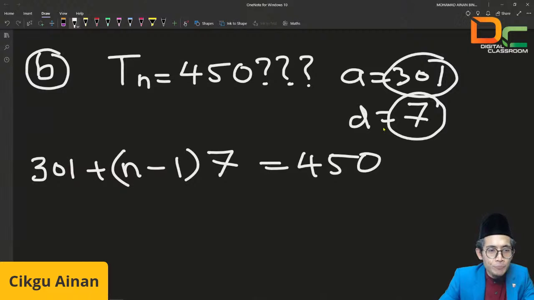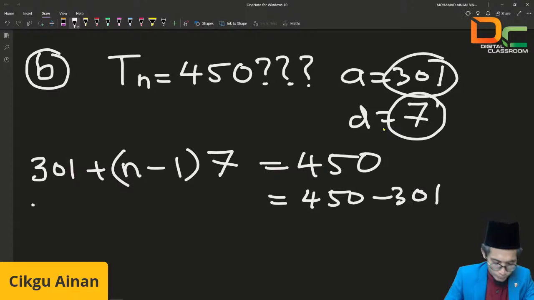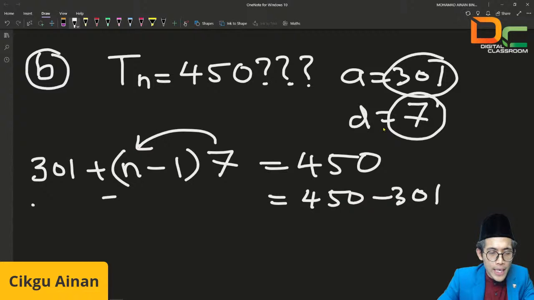this one expand lah. Okay, 300 boleh je bawa sini terus. We group the numbers together. 450 minus 301. Okay, and then this one we expand 7 multiplied by n, 7n, 7 multiplied by 1, minus 1, sorry, minus 7.